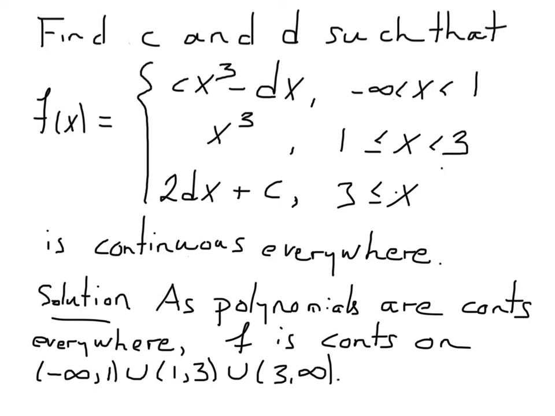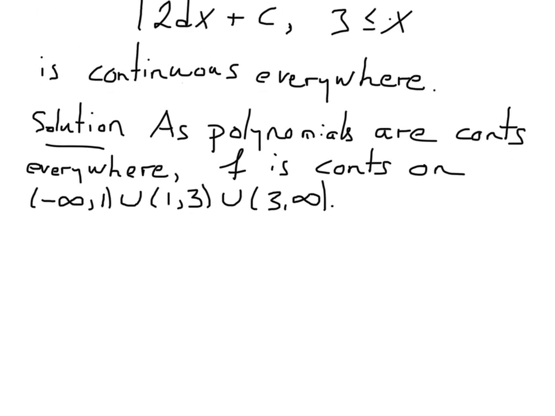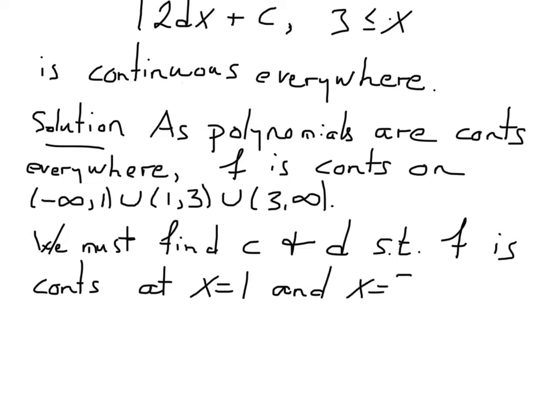Okay, so let's write that down. We must find c and d such that f is continuous at x equal to 1 and x equal to 3.